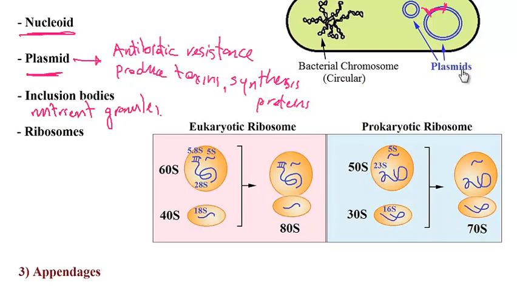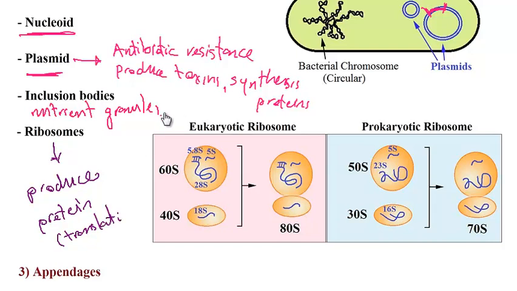Next, we have the ribosomes, and we've already discussed the ribosomes. Basically, these are composed of a large and a small subunit. So here in prokaryotes, we have a 50S large subunit and a 30S small subunit. And the function of ribosomes is to produce proteins during the translation process.